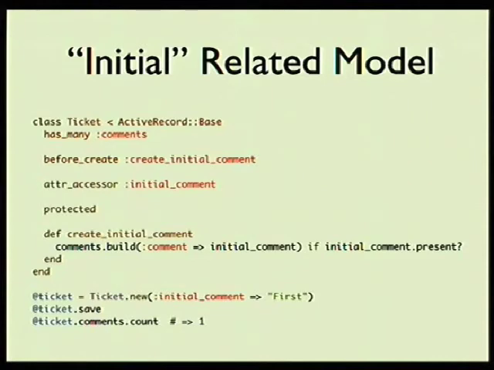So you can create a virtual attribute essentially called initial comment, and then before you create, you actually build that out. So when you're using this model, you don't have to worry necessarily in that controller about the fact that this comments exist. You can sort of treat that as a regular attribute, even though on the back end, it's really creating the comment behind the scenes.